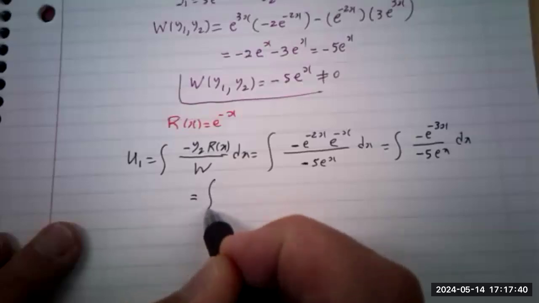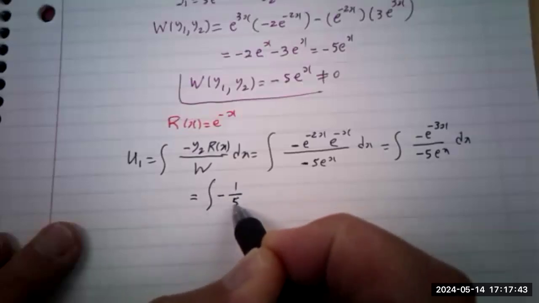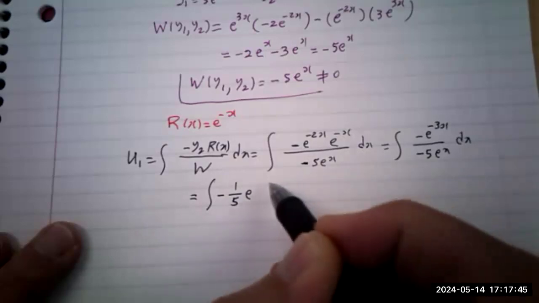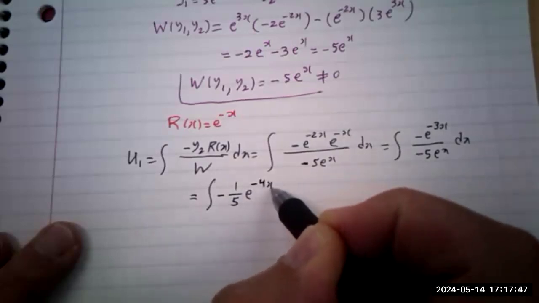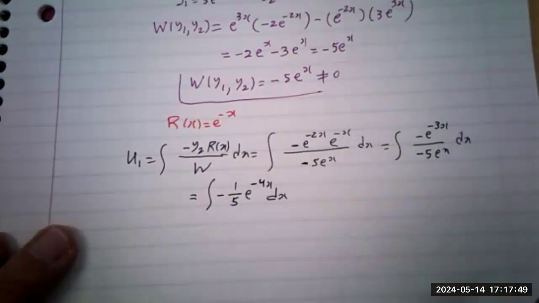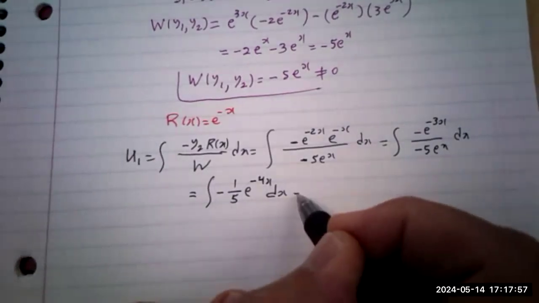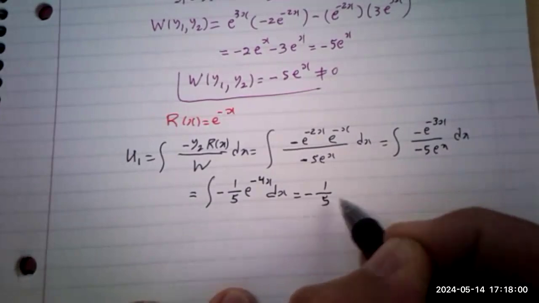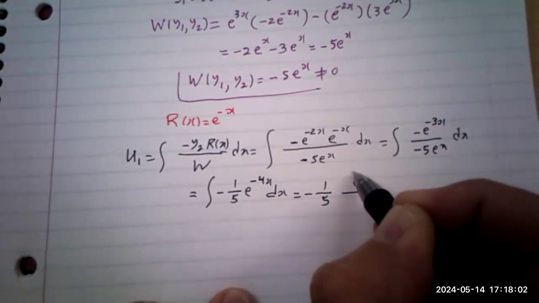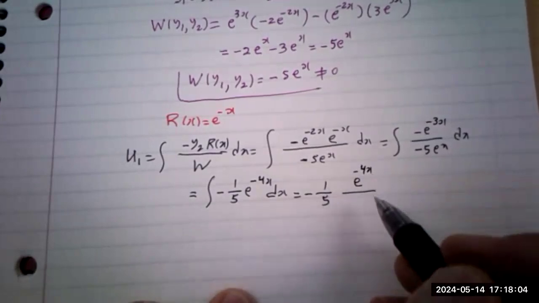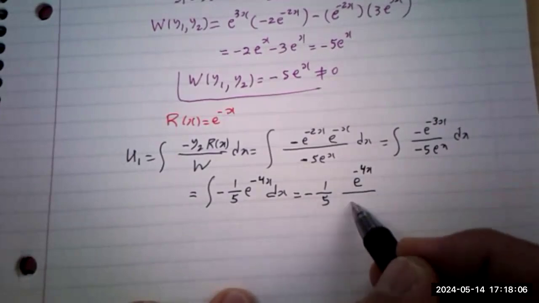So it's going to be the integral of negative 1/5 e to the negative 4x dx, okay? Any question? So pull out the negative 5 and integrate e to the negative 4x. The integral of e to the negative 4x would be e to the negative 4x, but you have to divide it by u prime. u prime is negative 4.